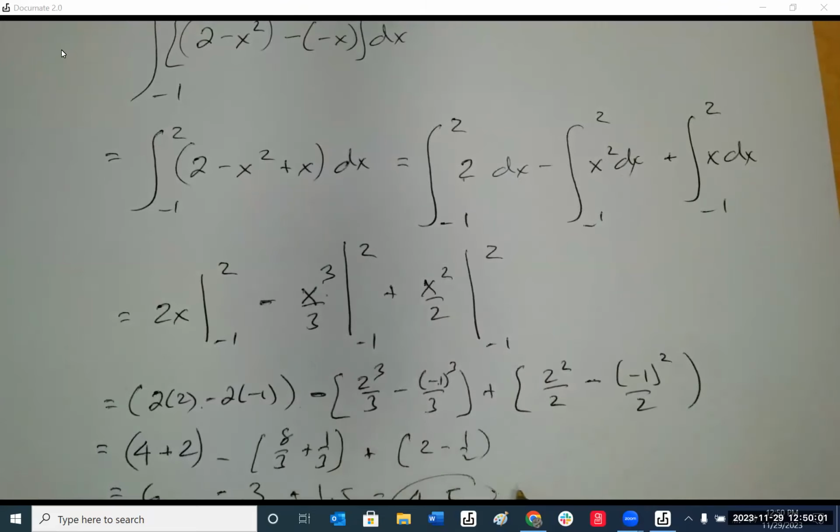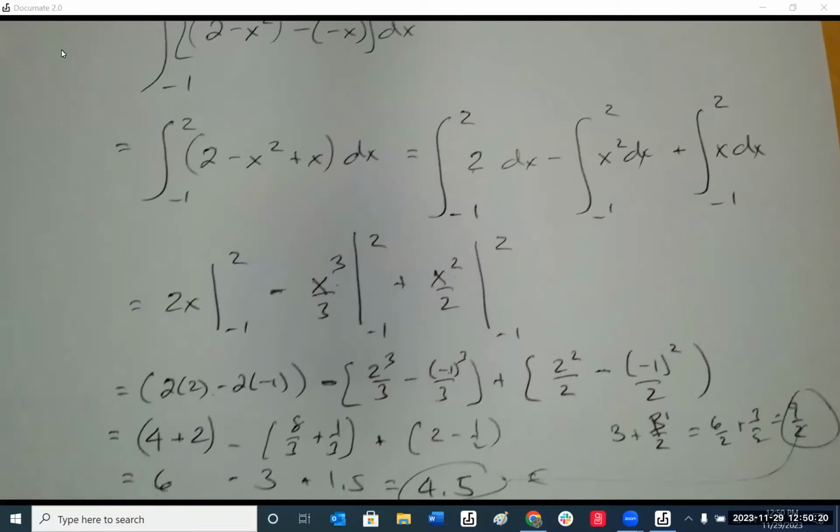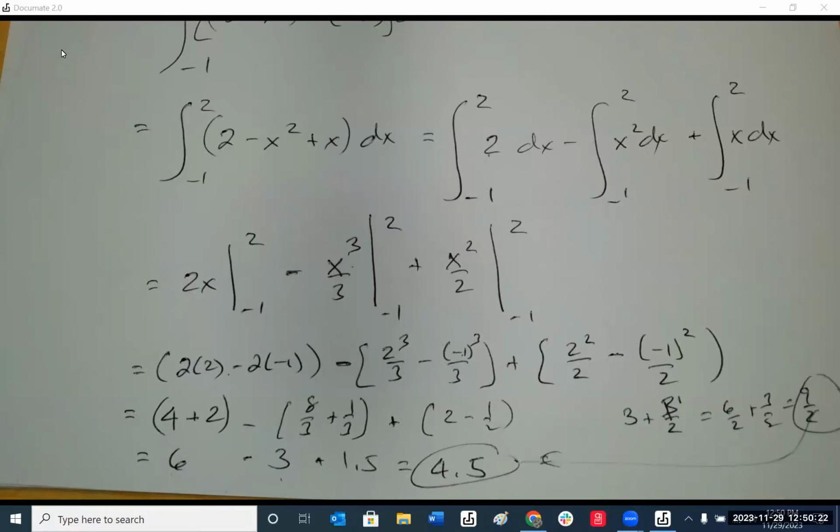Or if we would keep it in fractions, this would have been 3 plus 1 and 1/2, or 3/2, which would have been 6 over 2 plus 3 over 2, which would have been 9 over 2, the same thing. Okay, I think I get the definite integrals better.